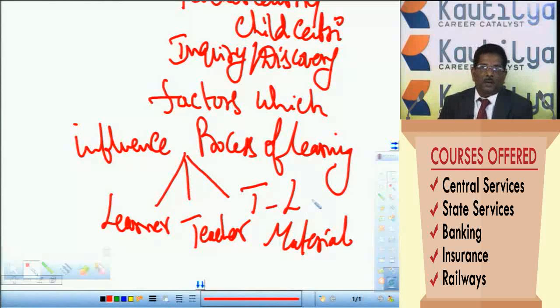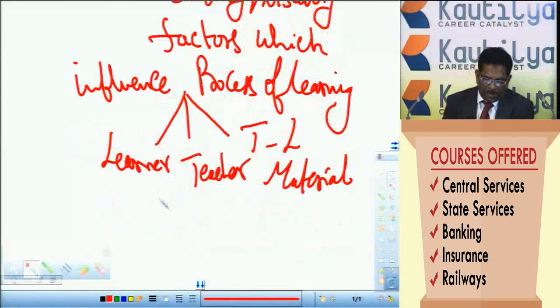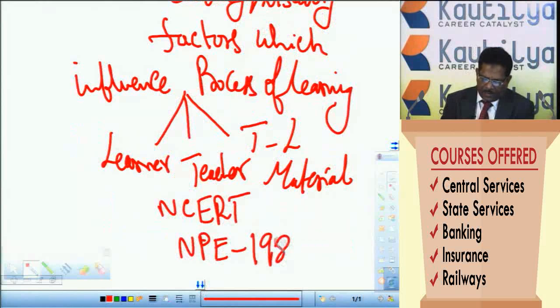And these topics are followed by what we call, in the beginning, the moral values, moral code of conduct and professional ethics. All these guidelines were issued by NCERT and NPE 1986.